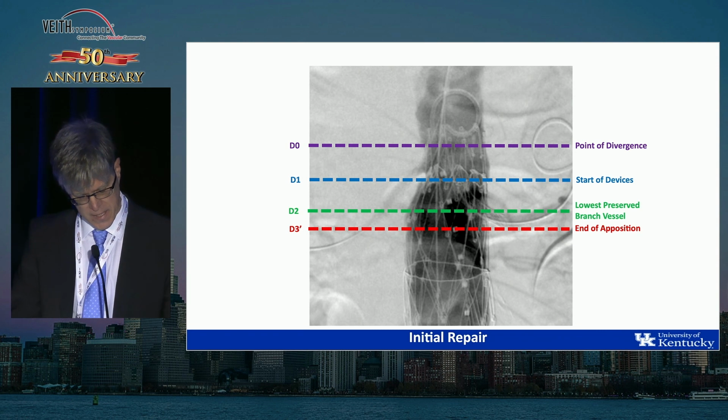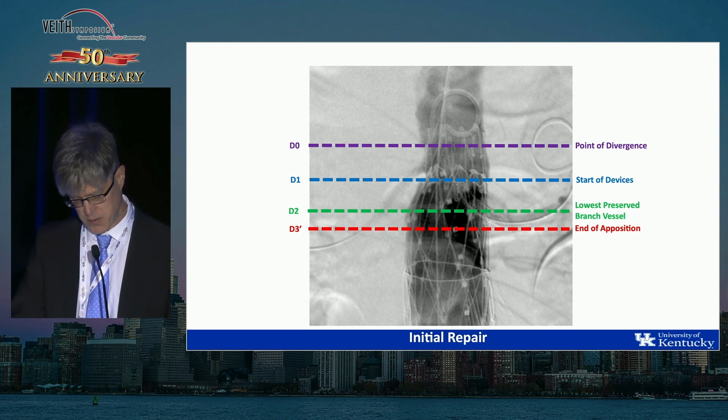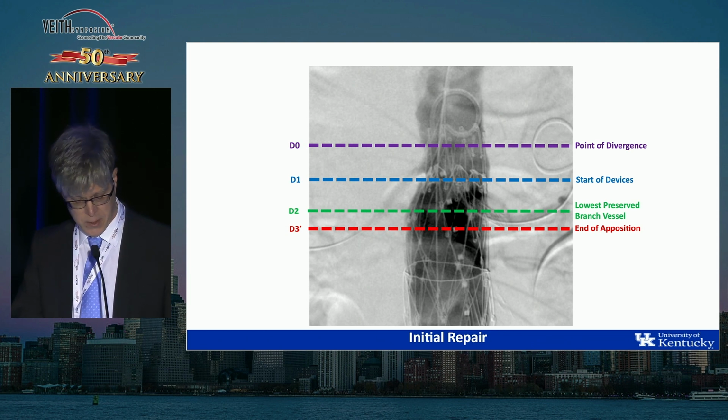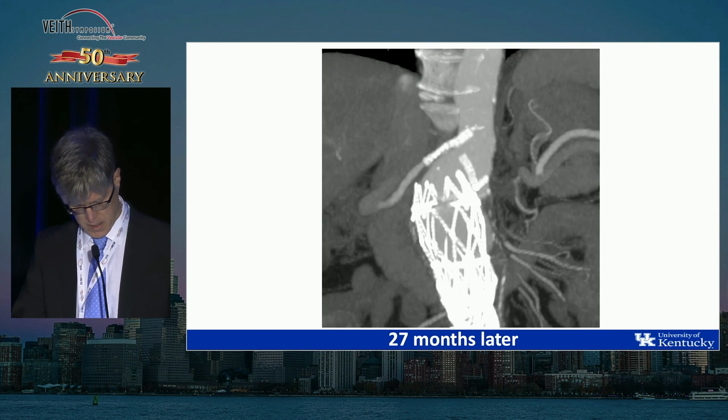But notice that despite the relatively low start of the device, there is still no gutter leak. Again, this is because he chose the right anatomy. Phenotype Bs have a very low incidence of gutter leak as long as the device is sized and positioned so that it will achieve some infrarenal apposition. Still, in retrospect, the start of the device is distal to the point of divergence, and the patient presented with proximal neck failure and had a kinked occluded left renal stent 27 months later. So both the initial success and a late failure are predictable if you use the point of reference system.